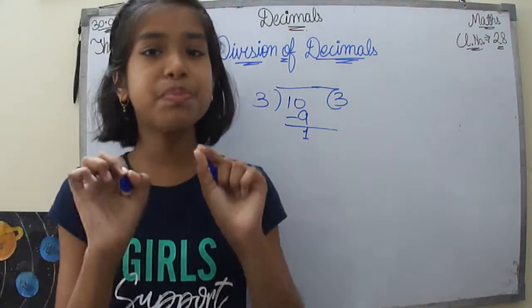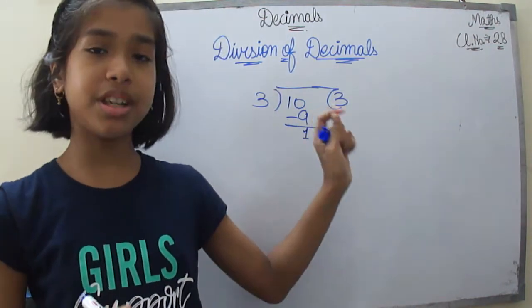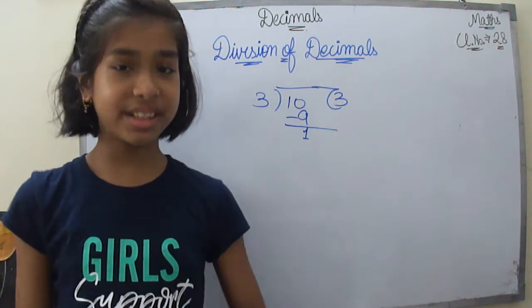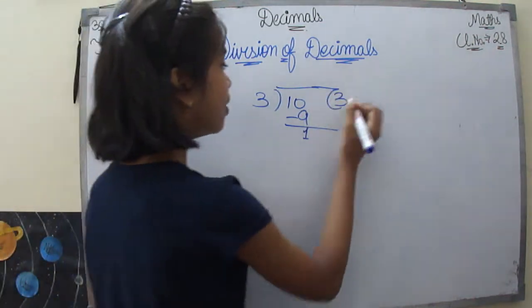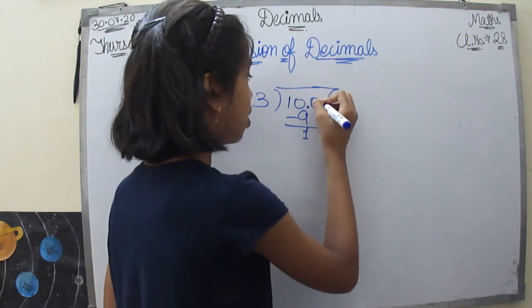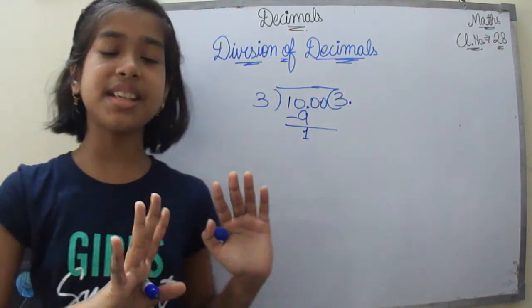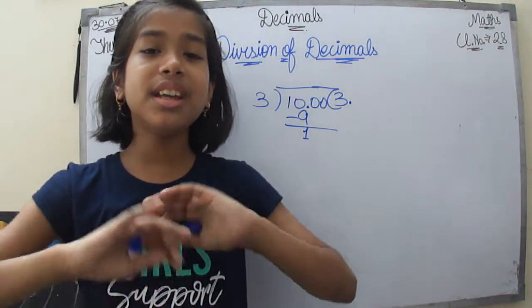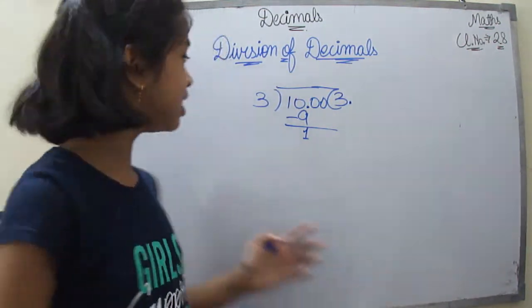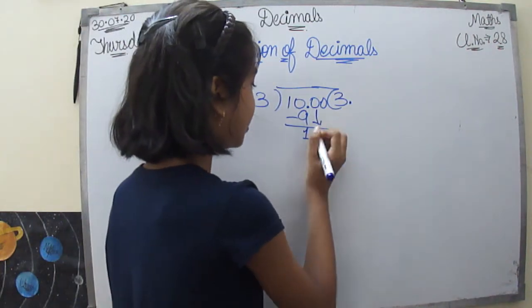Now we have to put a decimal point in the quotient so that we can get our exact answer. So for that we will put the decimal point here, and because of that we will put it here. And we all know that after the decimal point there are infinite 0s. So just take 1 0 down here.